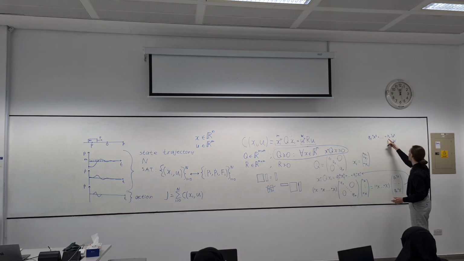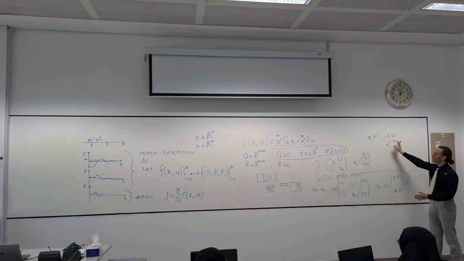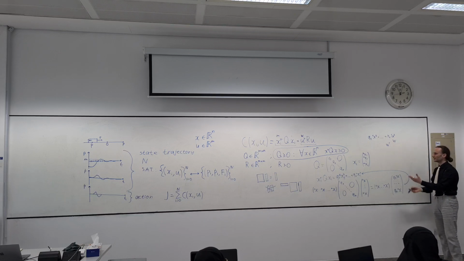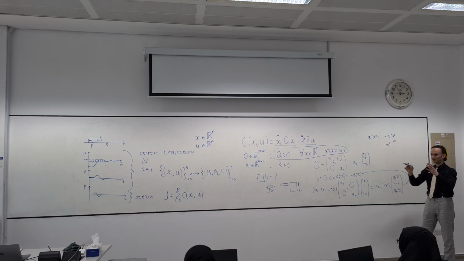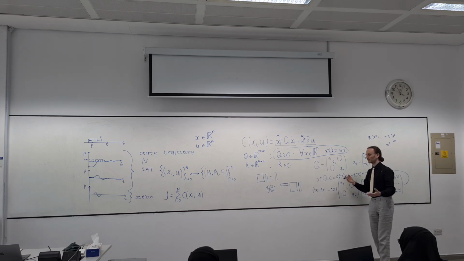So this value over here, this R, could have the units of, for instance, watts to the power of -2, and then all the units just vanish, and we get some kind of abstract value, an abstract notion of cost.